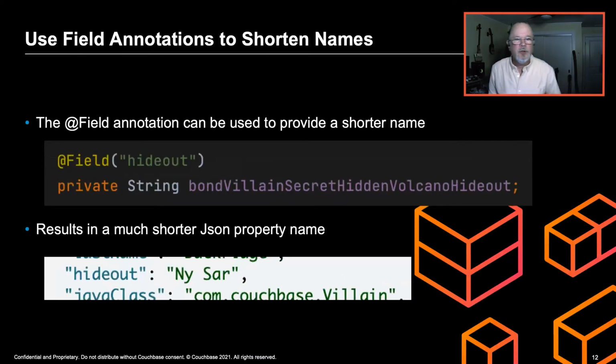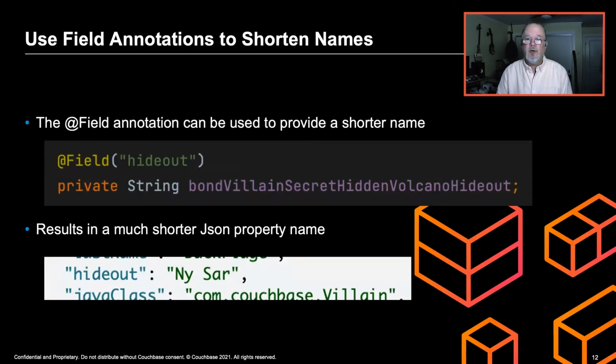Luckily, using the @field annotation, you can provide a shorter name to use. This way you're able to have your very descriptive property name in your POJO, in your application, but in your JSON document, you're going to have a much shorter name. In this case, we're saving about 30 characters per document.